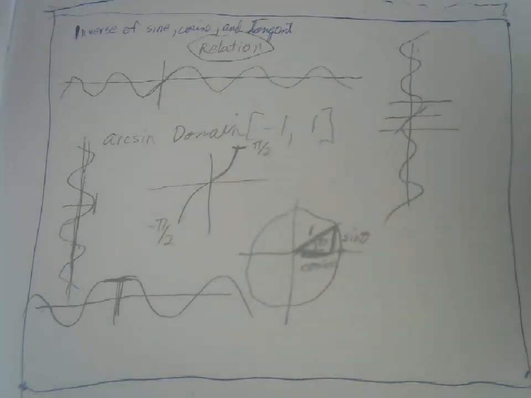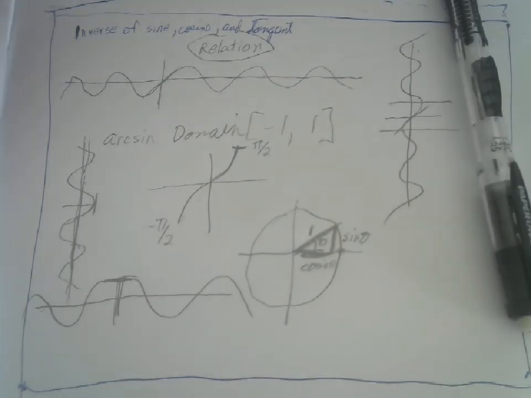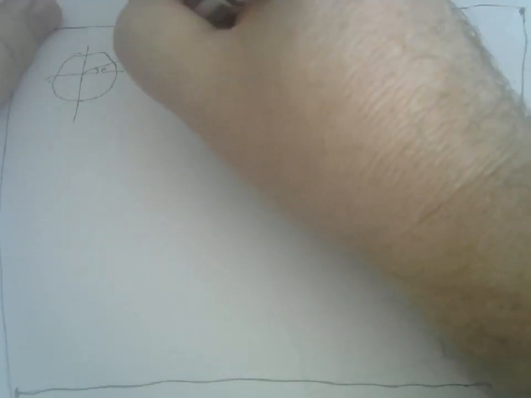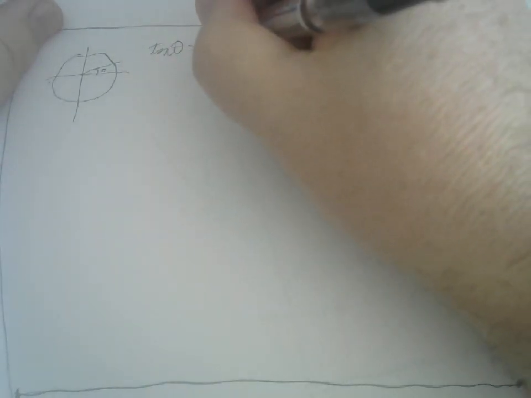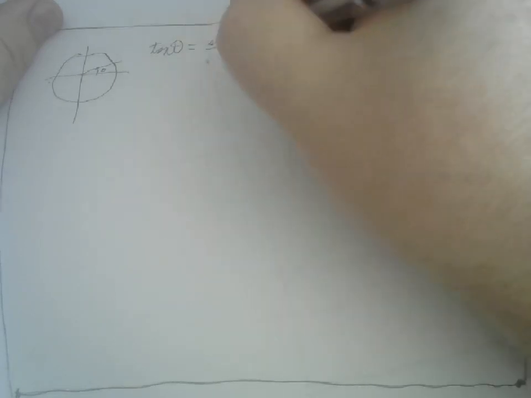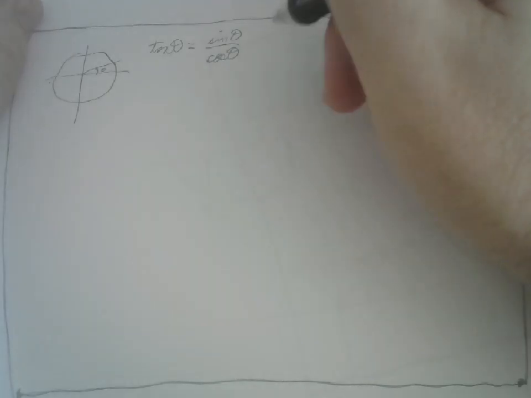Okay, tangent. How can I describe the tangent? All right, well, the tangent, as you go around the circle at angle theta, tangent theta is equal to sine theta over cosine theta, and it is the slope of this line.